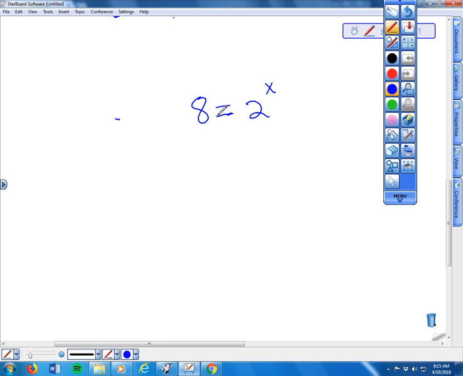So when I have a problem like this, it's pretty easy. I can figure out x without a logarithm. But if I want to put this as a log, x is equal to log base 2 of 8, which is 3. So what this does, 2 to the third power equals 8. That counterclockwise circle.